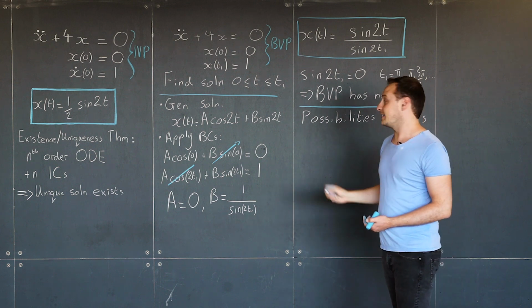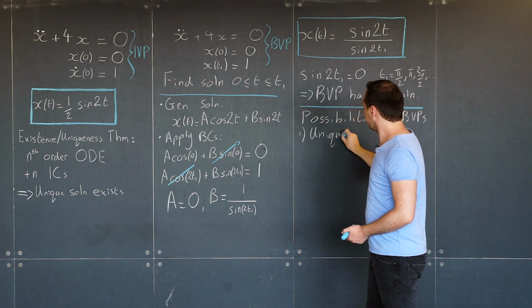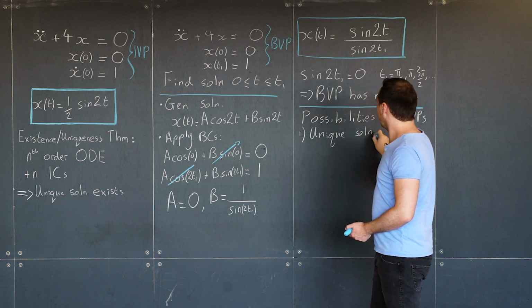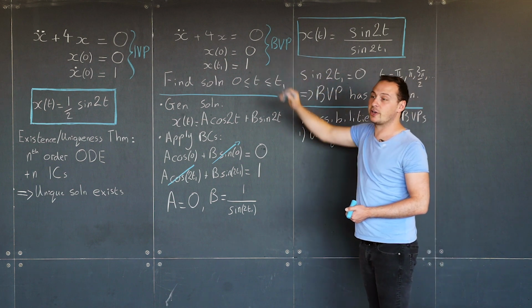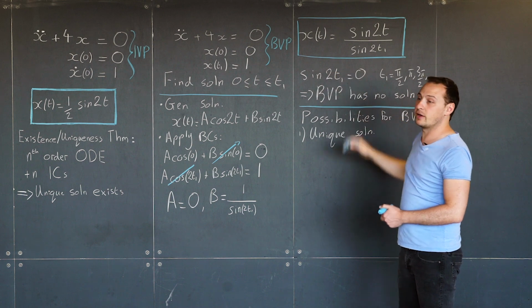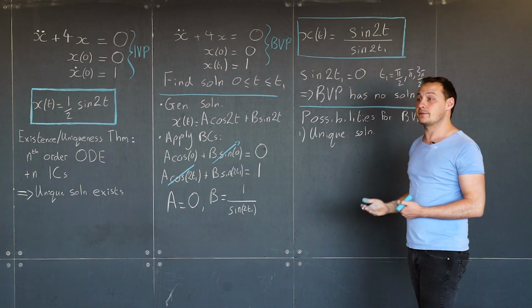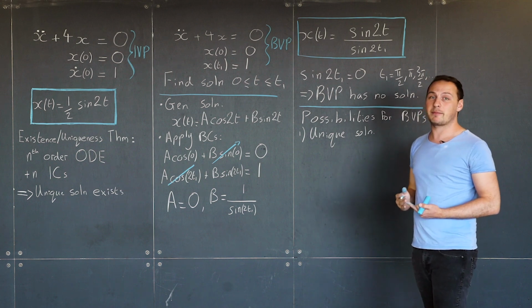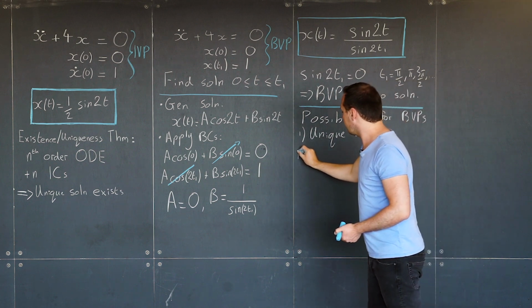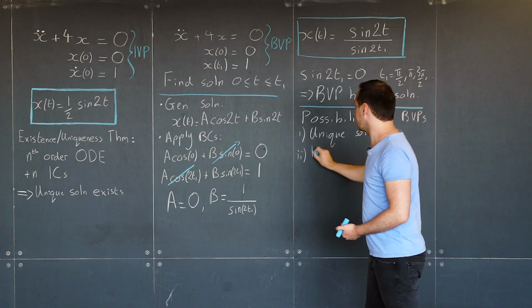The first possibility is that we have a unique solution. This is the case for this boundary value problem, provided that t1 is such that sine of 2t1 is not equal to 0, so that this expression makes sense. In that case, we do indeed have a unique solution to the boundary value problem. The second possibility is that we have no solutions.